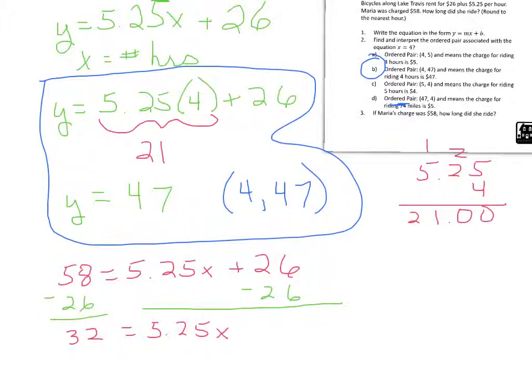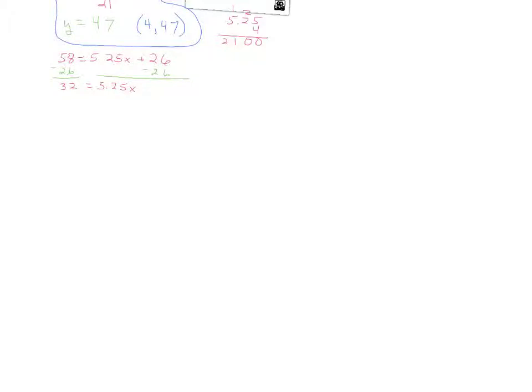Okay? But we want x by itself, so we're going to divide both sides by 5.25. And remember, you don't get to use a calculator on this exam. So let's go off to the side and find out what 32 divided by 5.25 is.